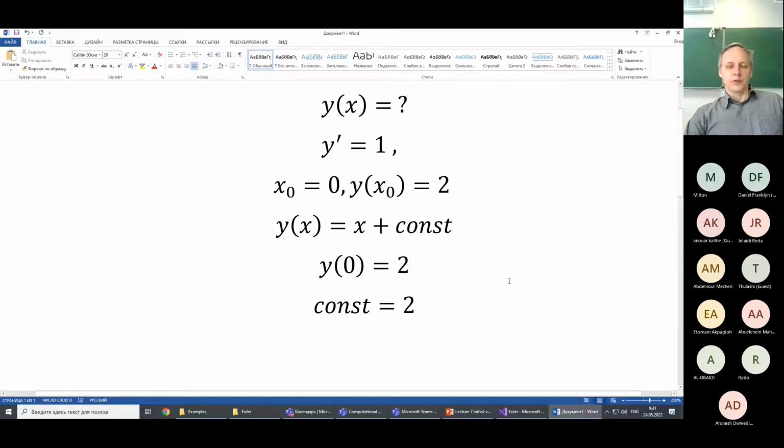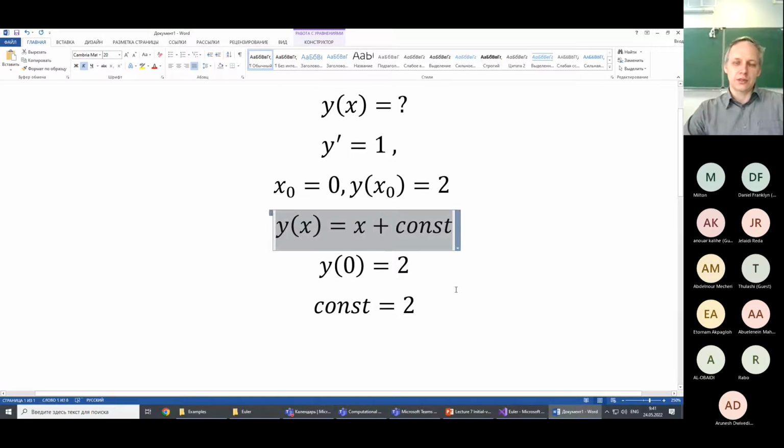Well, let me repeat again from the beginning. We are going to find the function y of x that has a known derivative y prime equals 1, and this function satisfies the initial condition y of x0 equals 2. In general, if this equation is simple, we can solve it and find the general solution.